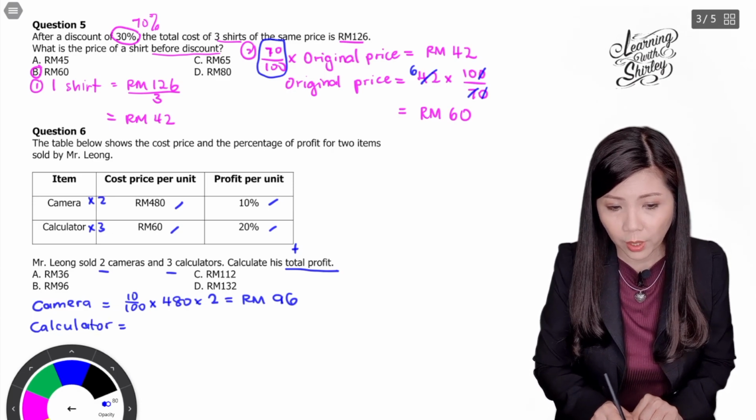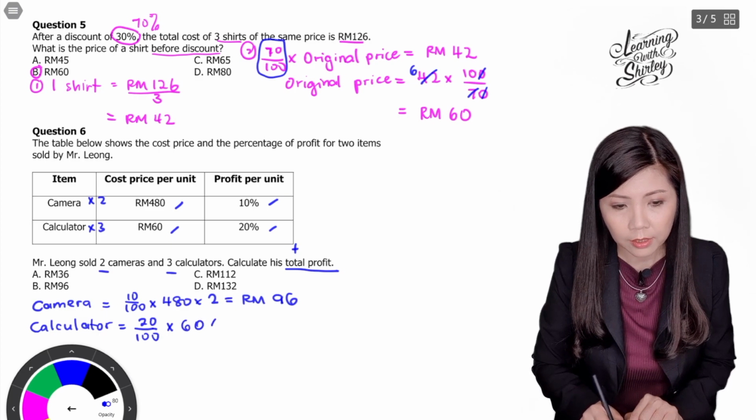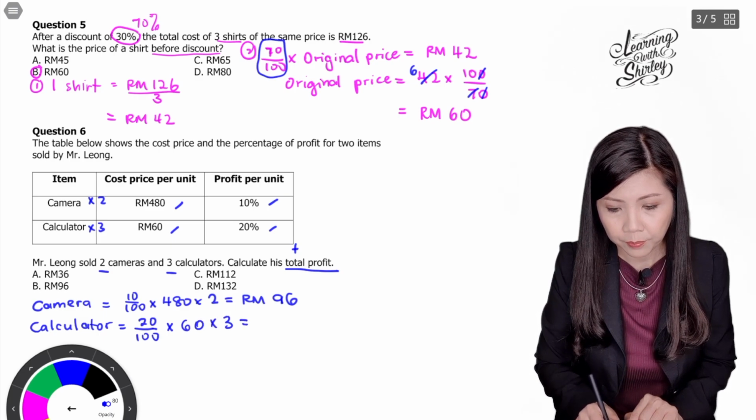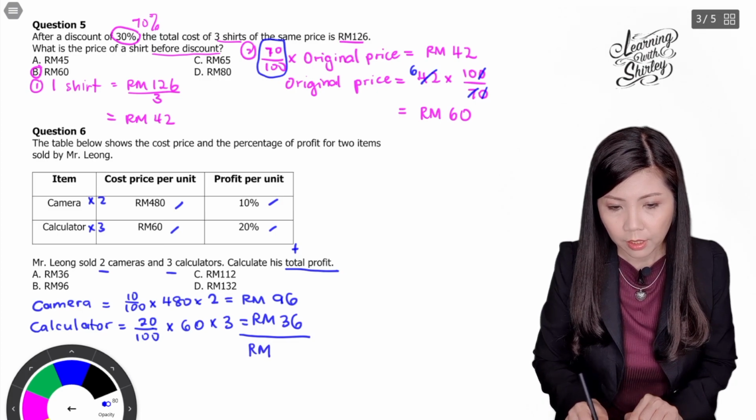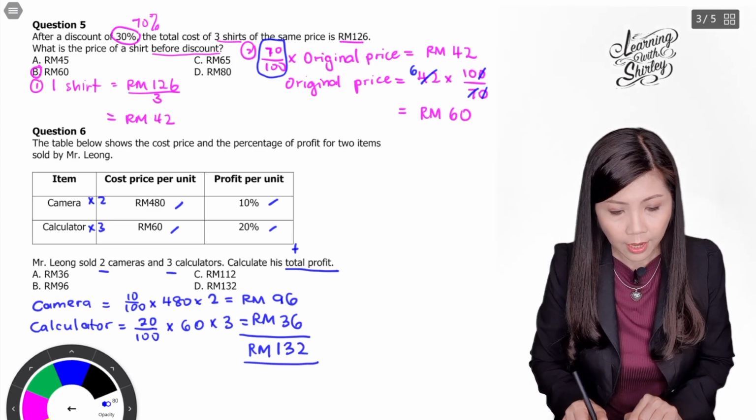The profit per unit is 20%, and then I times the cost price, which is 60 ringgit, and times 3 units. So this is 36 ringgit. Now we're going to find the total profit, so we add them together. 96 plus 36 is 132. So that's the total profit, and the answer is D.